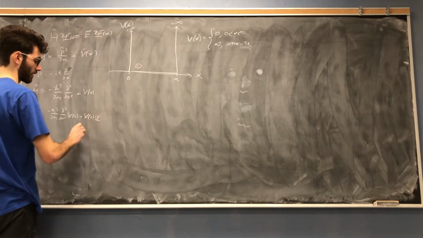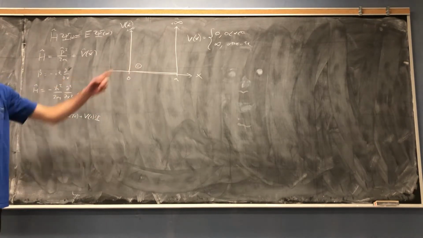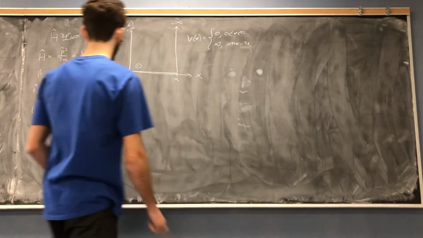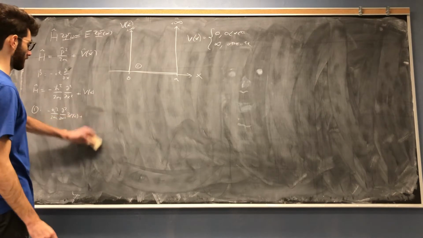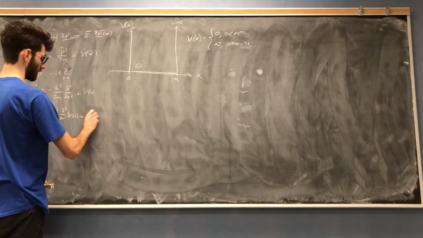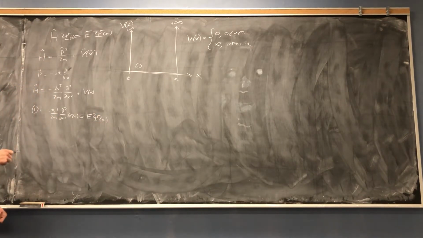But remember we're putting ourselves in the middle region where the potential is 0, so V is 0 there, and we can just get rid of that term. So we just have this simple second order differential equation for the wave function psi that we need to solve.